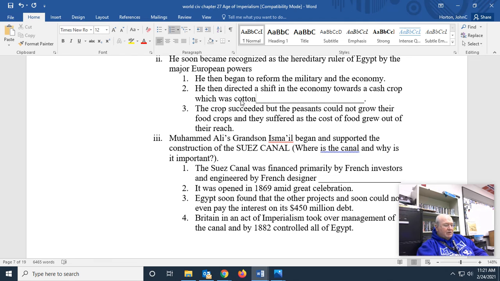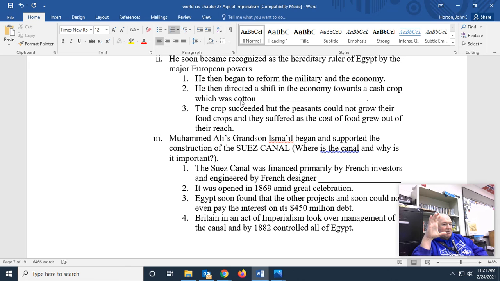Both Egypt and India produced a type of cotton that had a very long, what they call a long staple. Once again, when I was a child, I grew up with cotton. I hated it so bad. But the cotton grown in the American South had a short staple. The fibers were short.